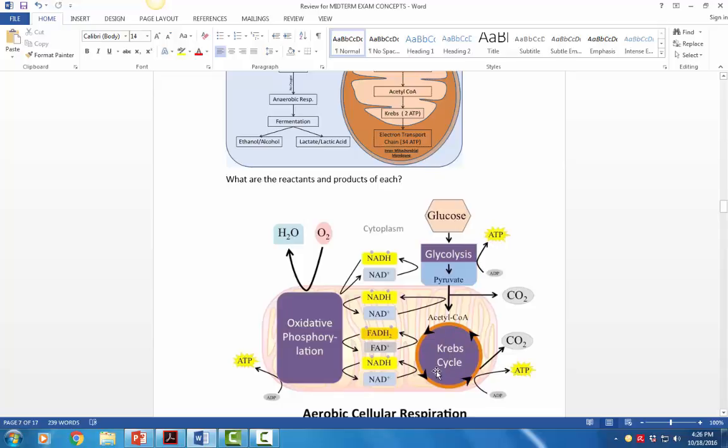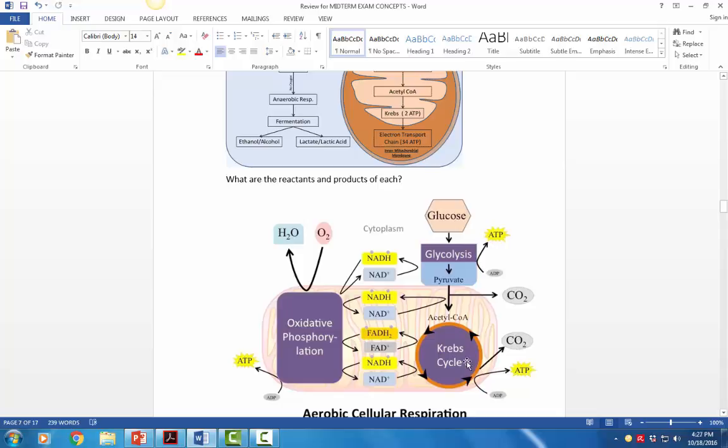We have the coenzymes NAD plus and FAD plus, where NADH is converted to NAD plus and FADH2 to FAD. So we see that interconversion occurring between the Krebs cycle and the electron transport chain. In this case, they call it oxidative phosphorylation, but we'll just call that the electron transport chain. So what we see is carbon dioxide is given off and 2 ATP in the Krebs cycle. Lots of enzymes.